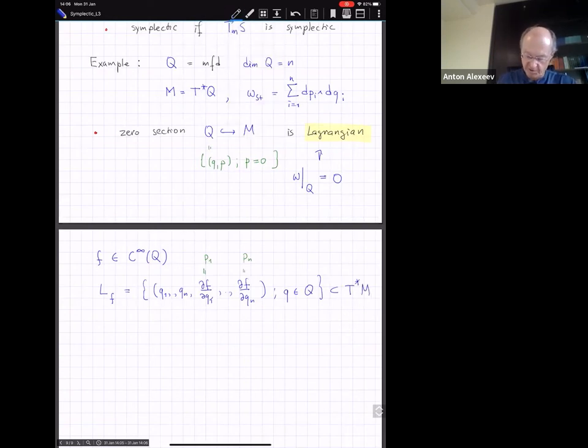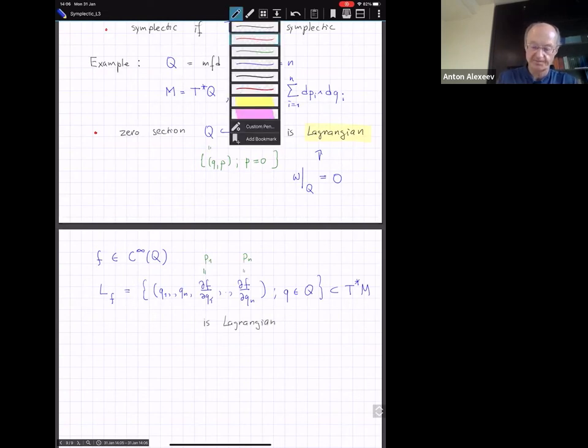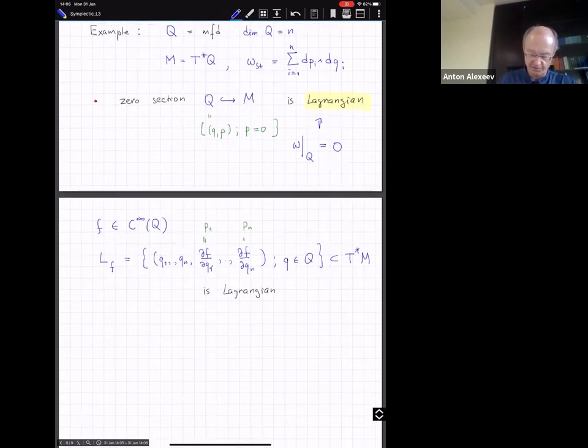So the claim is that it's also Lagrangian. And this is because of the following.